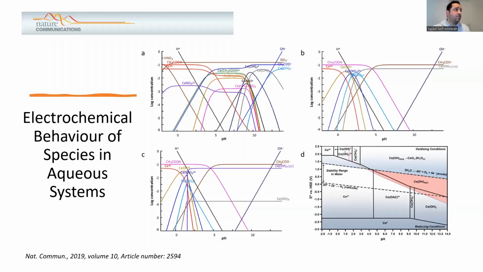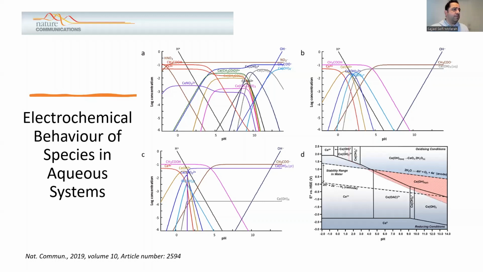So as you can see on this slide, A, B, and C show speciation diagrams for cerium in different aqueous solutions, and what species is actually more stable at what pH. So that shows the concentration of different species as a function of pH.